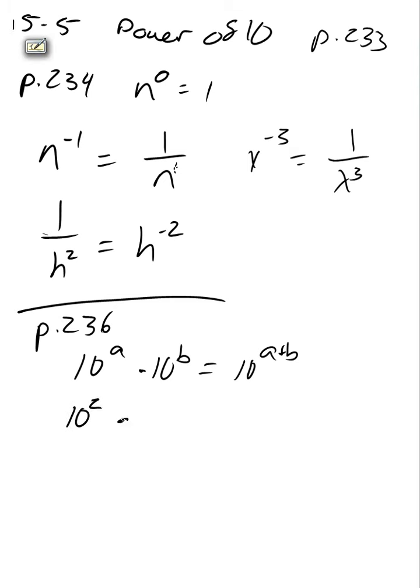Let's say we have 10 squared times 10 to the first. What we just said is that when you're multiplying, you add the exponents. So this would give us 10 to the third. What we have here is really 100 times 10, which is 1,000. Okay, which is what this would equal also.